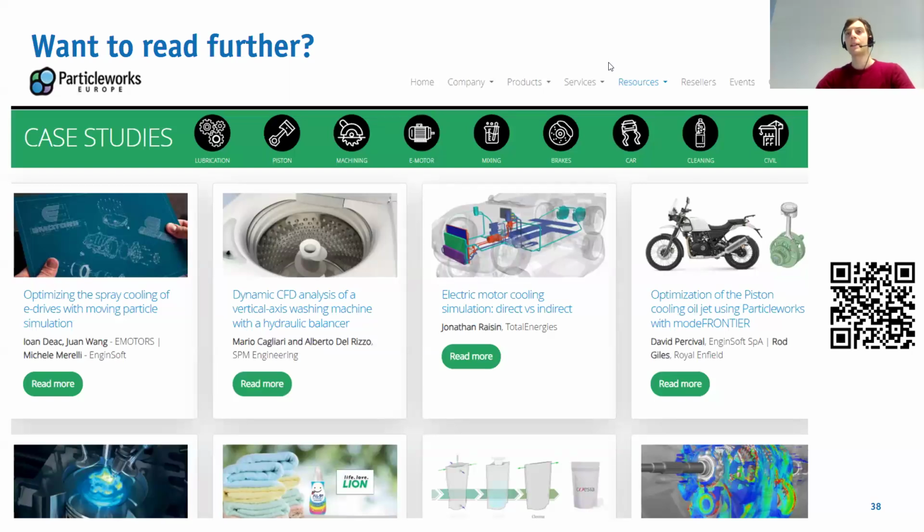Ahmed asks if the particle number can be counted, so if we can monitor the amount of particles in certain areas. Yes, we can do that. There are several post-processing tools like probing regions that allow, for instance, to monitor the amount of oil or the number of particles in specific volumes.